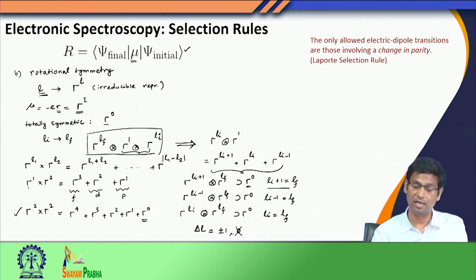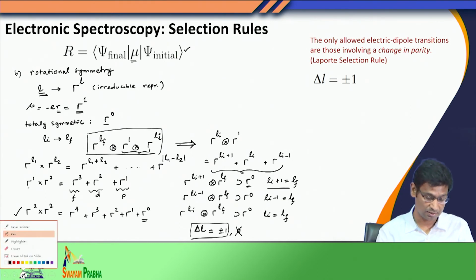So, the delta L equals 0 transition is gone, and I am left with delta L equals plus or minus 1. So, we add to our selection rule box delta L equals plus or minus 1 as the next necessary condition for the transition to be seen.